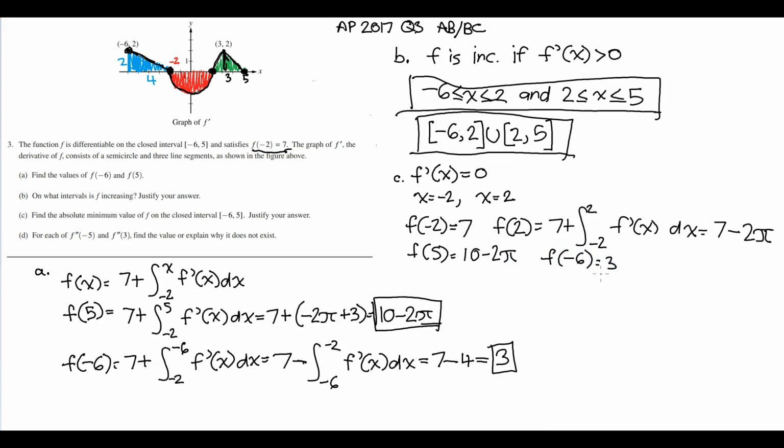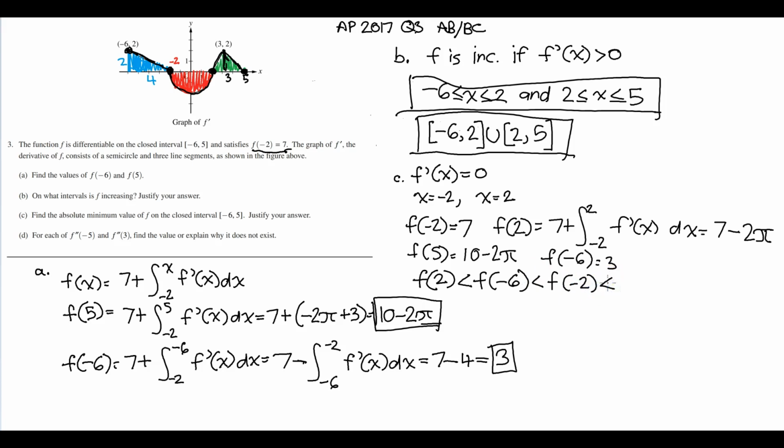So let's see if we can order these. 7 minus 2 pi: 2 pi is about 6.28, because pi is about 3.14. So f of 2 is definitely the smallest. Next is f of -6. After that is f of -2.